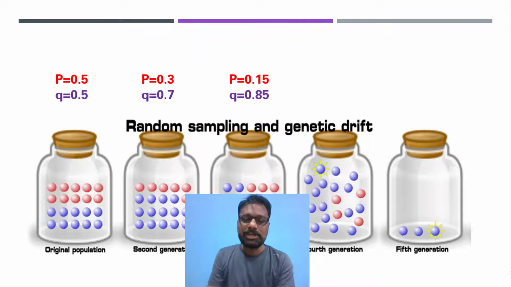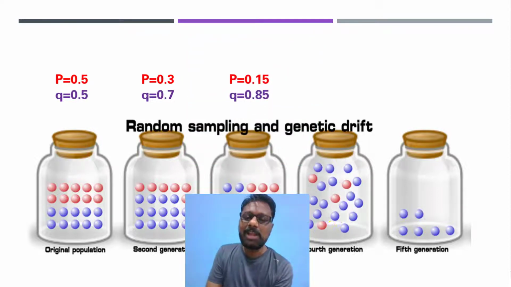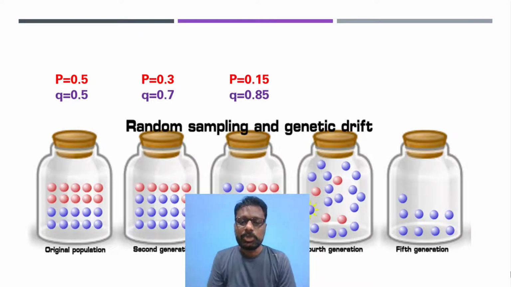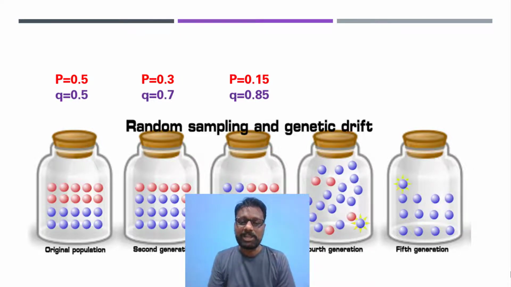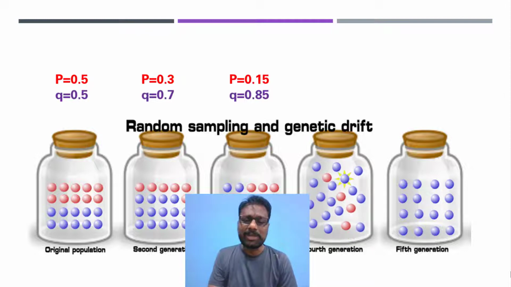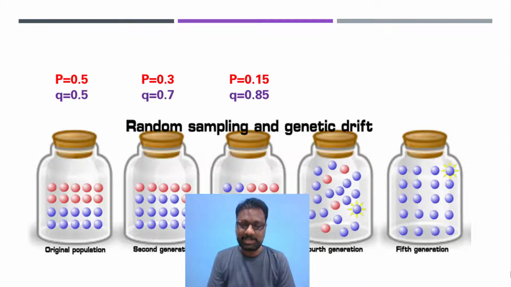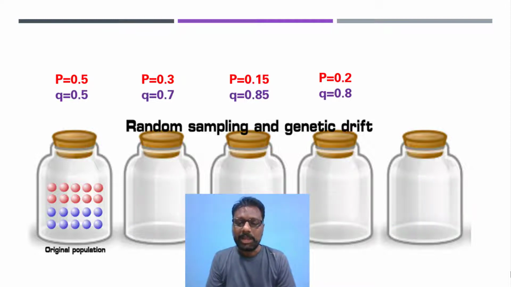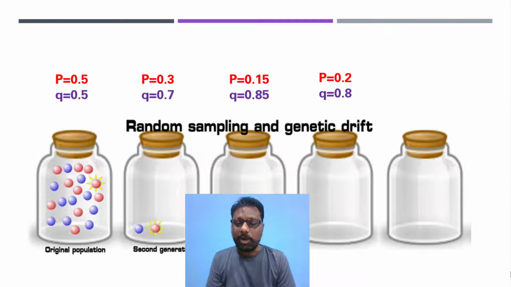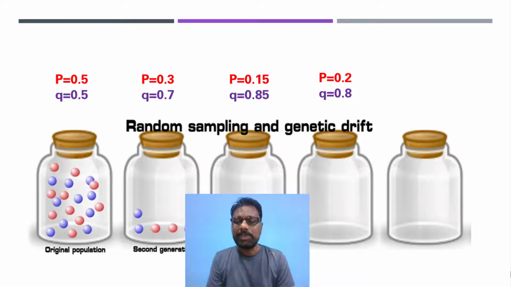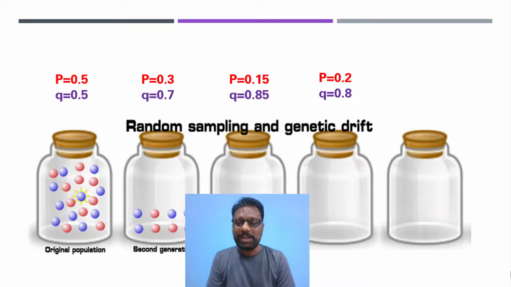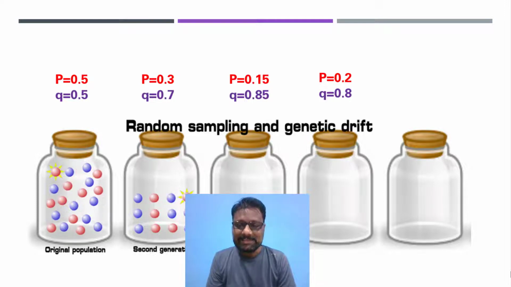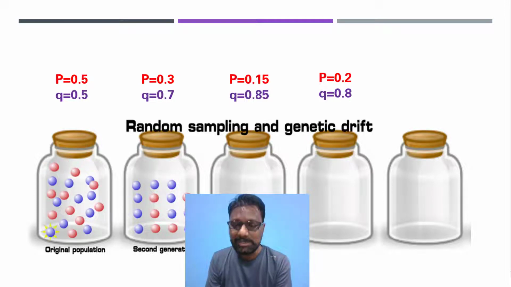Similarly, when we move to the third generation, the p value has become 0.15 and the q value has risen to 0.85. This is also purely by chance. It's not by any adaptation. When we move to the fourth generation, the p value has become 0.2 and q value has become 0.8, because it has 4 red alleles and the rest are blue alleles.